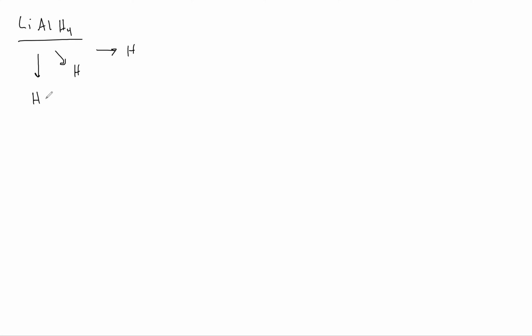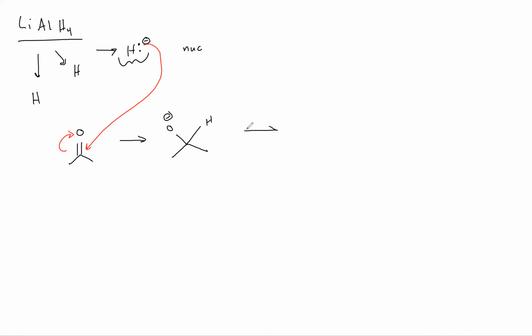What's important to note about these hydrogens is they tend to be negatively charged, which makes them very strong nucleophiles. So for example, if we have something that looks like this, the hydrogen will attack here, this bond will leave, we end up with our little cross right here, and then we protonate, and we basically end up with an OH group right here.